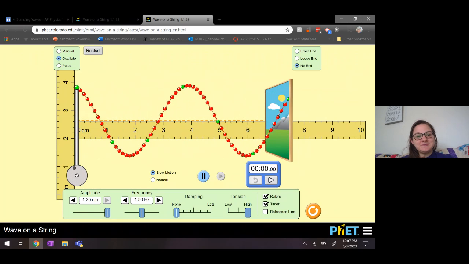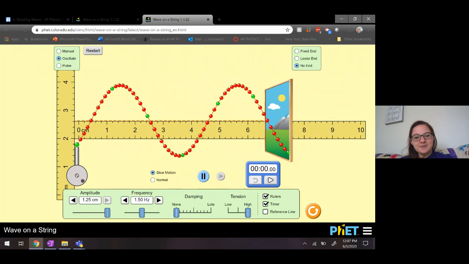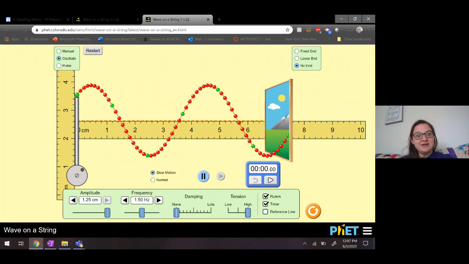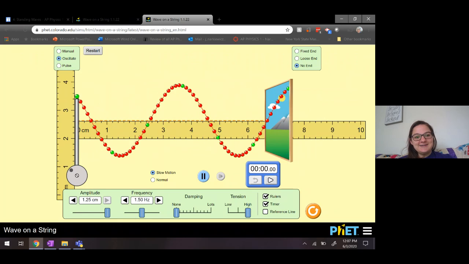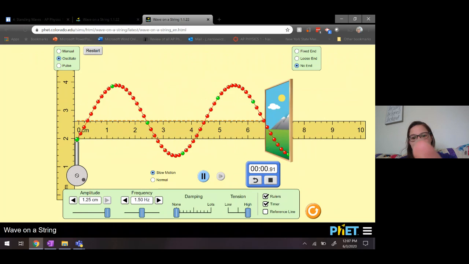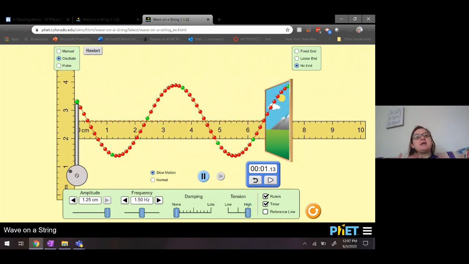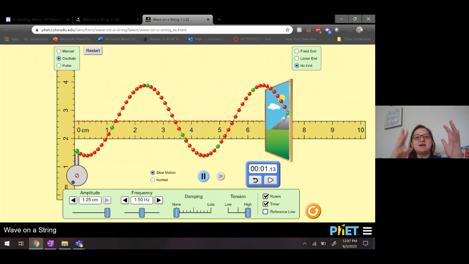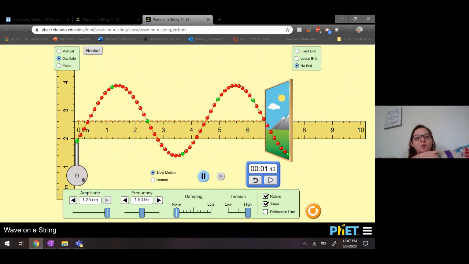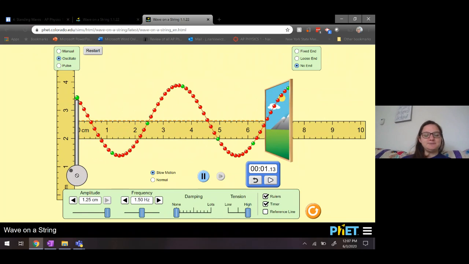It would be good if I hit play. Now. Yep, so still about a second. So amplitude isn't going to affect the speed of the wave. It just affects the amount of energy of the wave. So remember, keep that in mind.